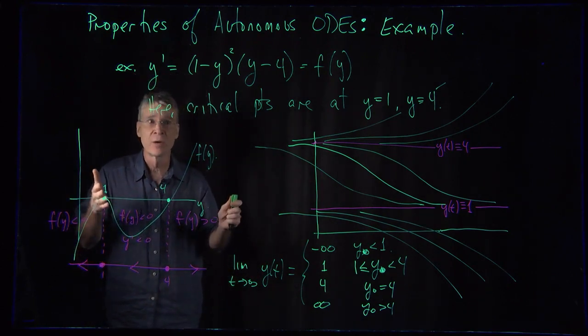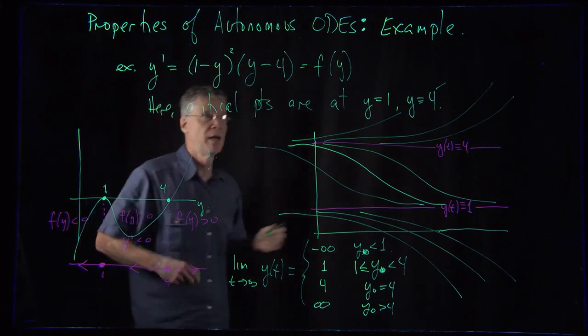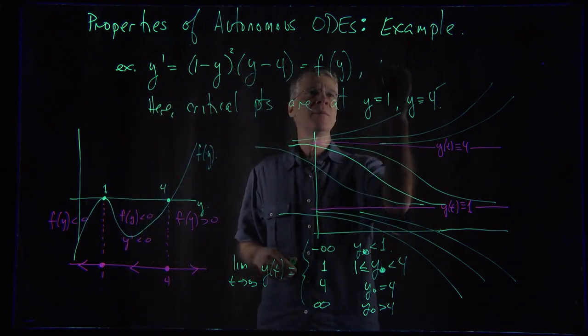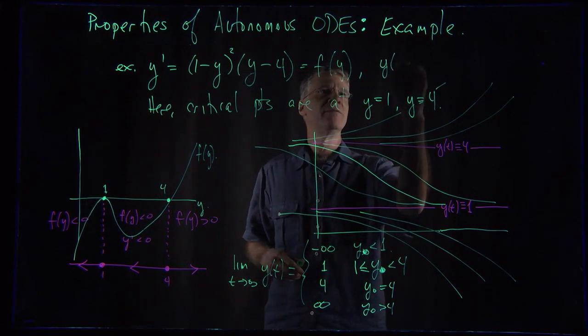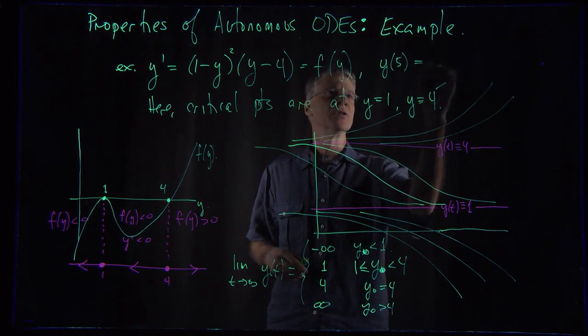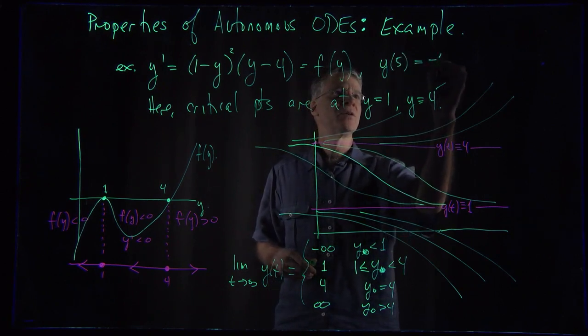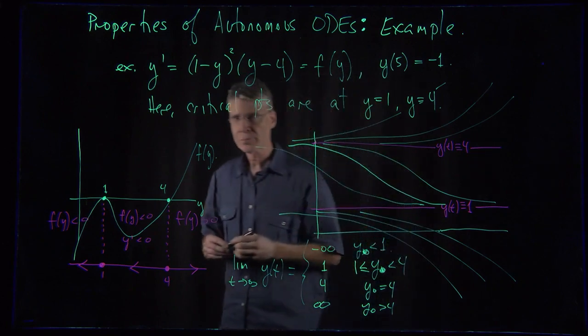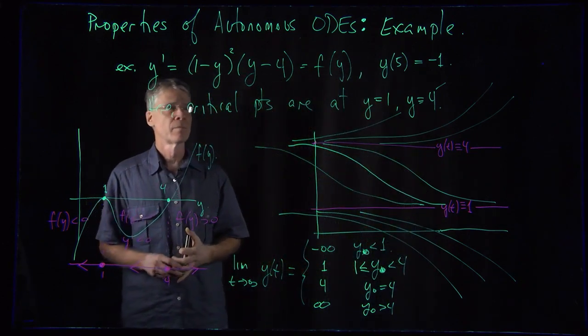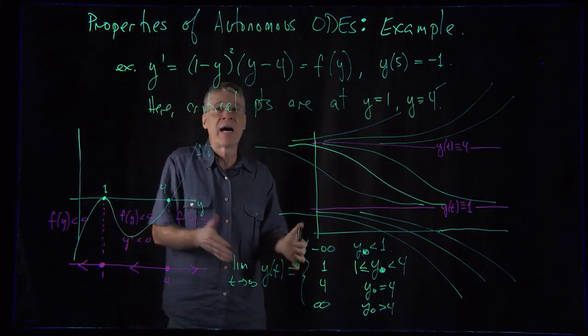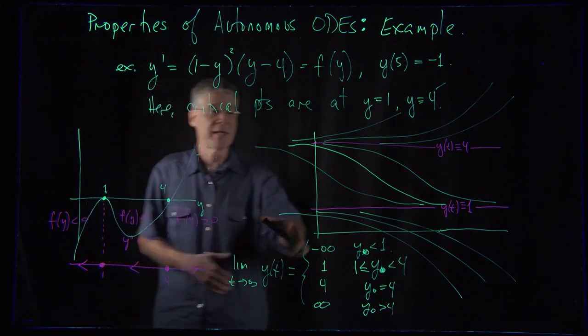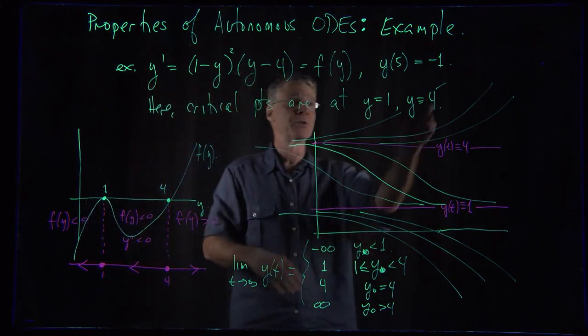Now I know that if I start with any particular initial condition, I can say, let's say, ooh, I'm here and y of 5 equals minus 1. Well, when t equals 5 or t equals 40 or t equals minus 16, all of my solutions are doing the same thing.